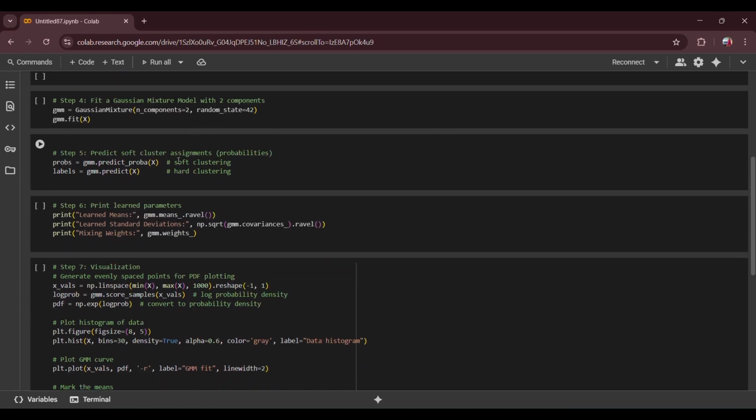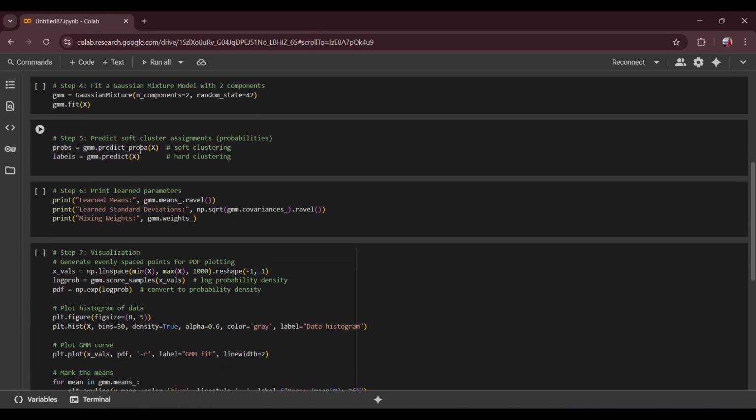Now in step 5, we have taken predict_proba, where proba stands for predicting the probability. Predicting the probability gives a soft clustering: the probability of each point belonging to each cluster.